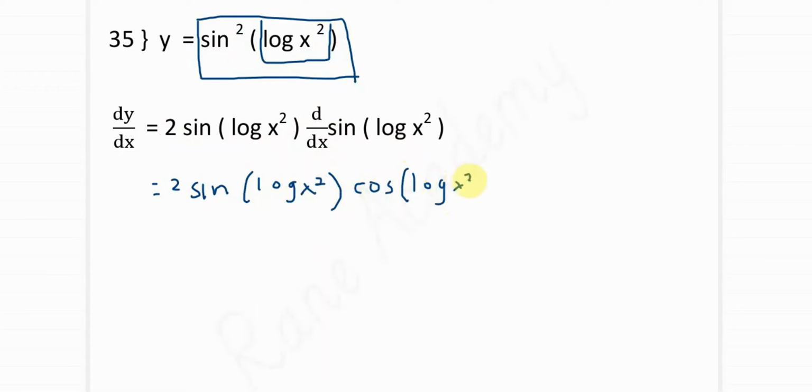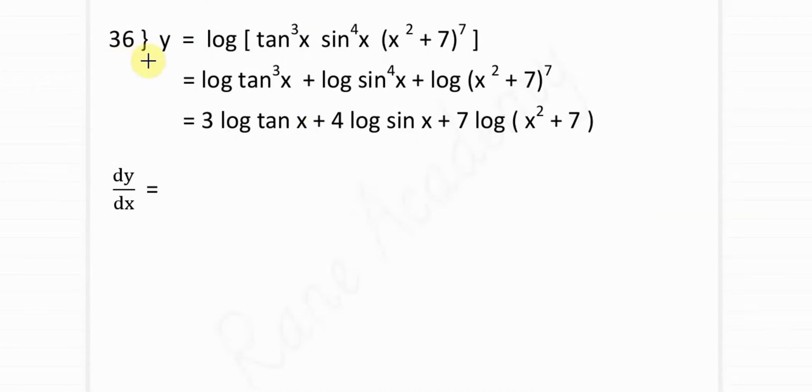The derivative of log of x square is 1 upon x square, and the derivative of x square is 2x. So this x and this x get cancelled, and this is the required answer.